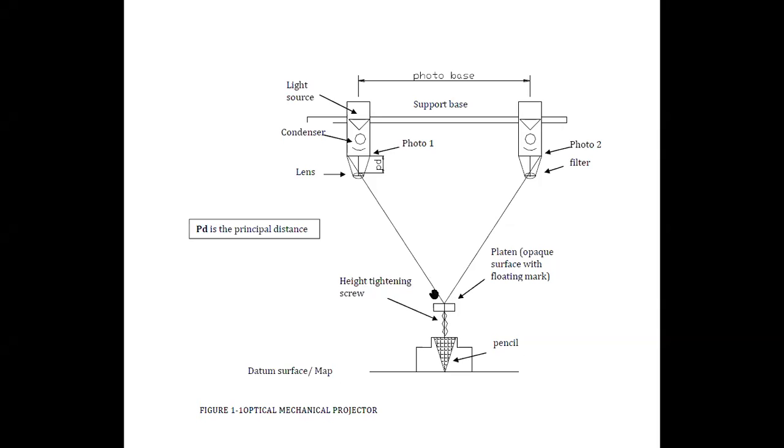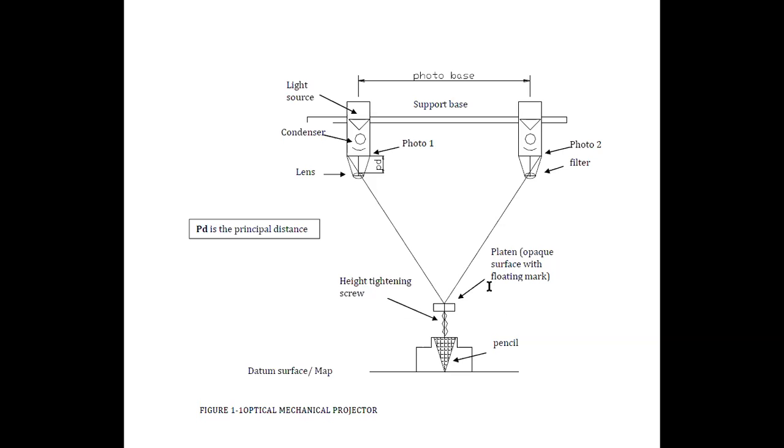Now we said there are different types of stereo restitution instruments, or plotters. We have the direct optical, mechanical optical, analytical, and digital plotters. So their mode of operation tells us the name to give to it.